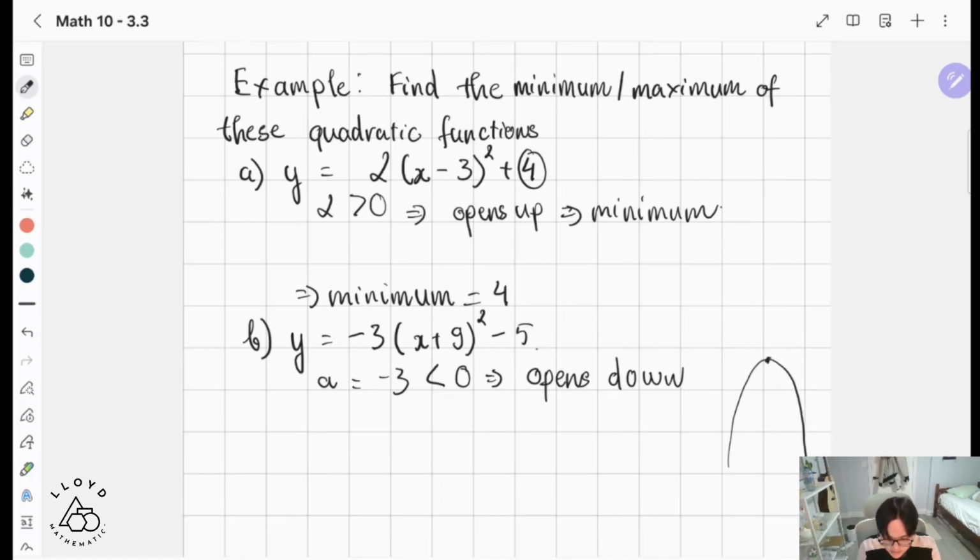And this is the maximum point. So this will give us a maximum, right? Here, the k number is minus 5. So the maximum is k, which is minus 5, right?